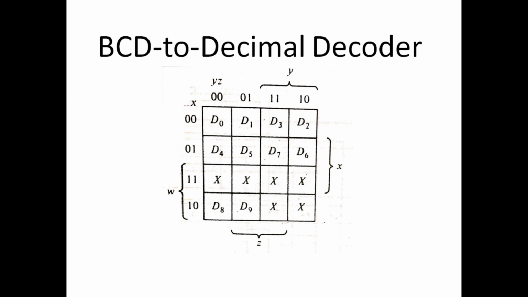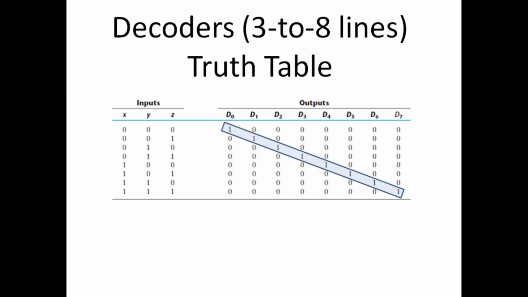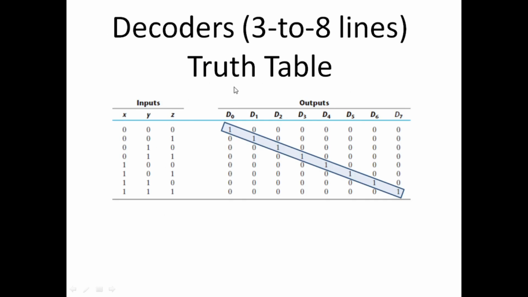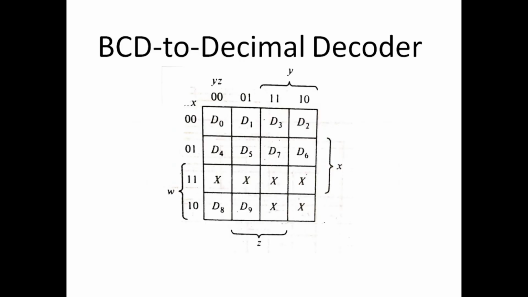So to derive Boolean equations for these 10 outputs, we can create a K-map for each output, but as we saw in the 3 to 8 line decoder, only one output is 1 and all of the rest are 0. So this feature allows us to use a single map for all these 10 outputs.